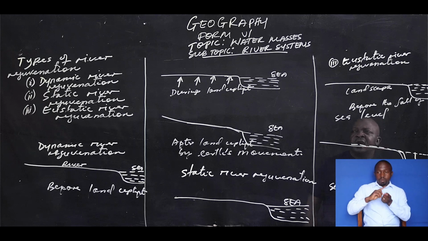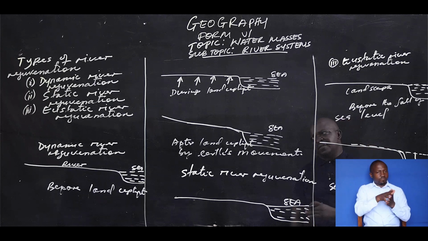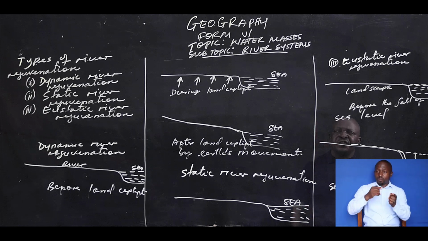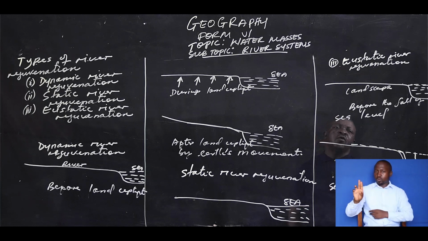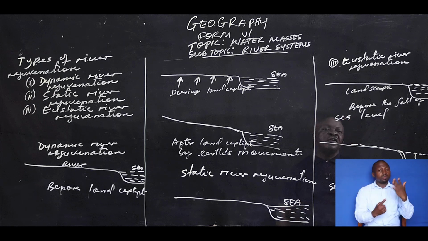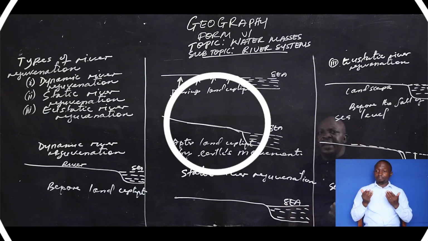So class, as we are to give the types of river rejuvenation, these are the ones: dynamic, static, and eustatic river rejuvenation. Remember, we give the types by considering the mode of occurrence. The three have distinctive modes of occurrence. I hope we are together here.